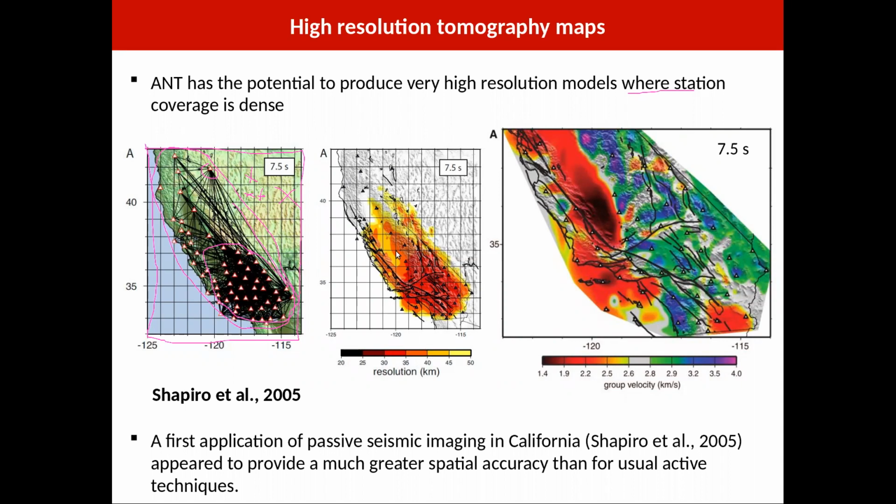So this is a high resolution area. And then you can see that as you go towards the northwest, the ray crossing becomes lighter, so the resolution decreases to the northwest of the study area. Whilst in this area, there is no ray crossing at all, so we can definitely get no information about the velocity.